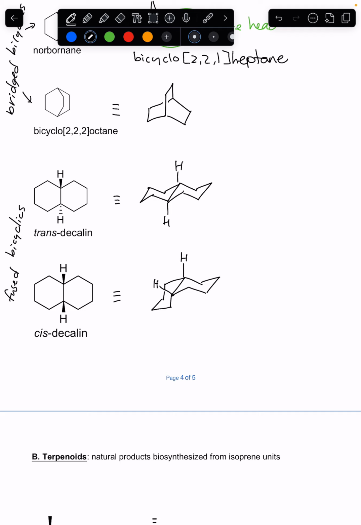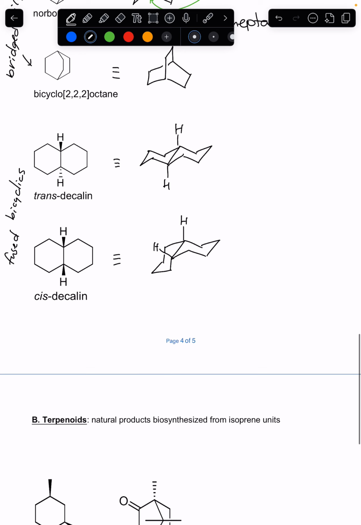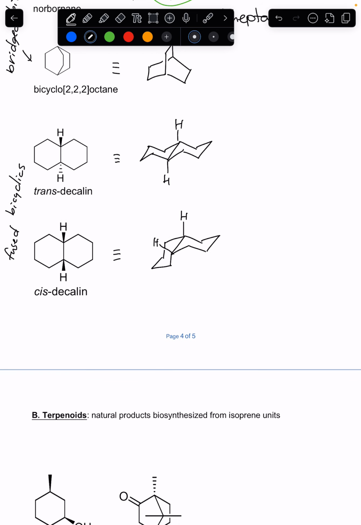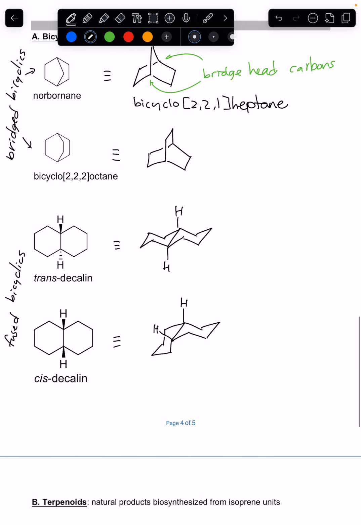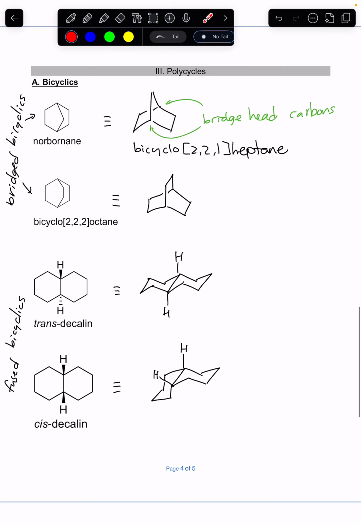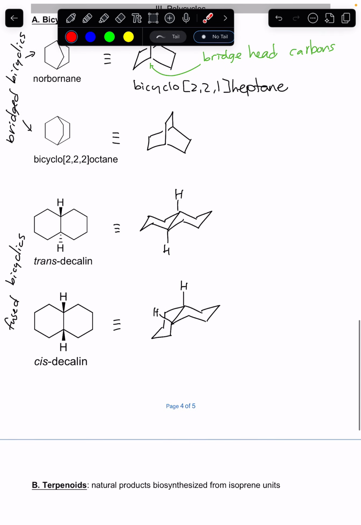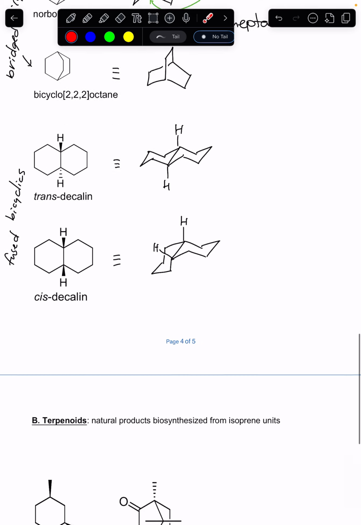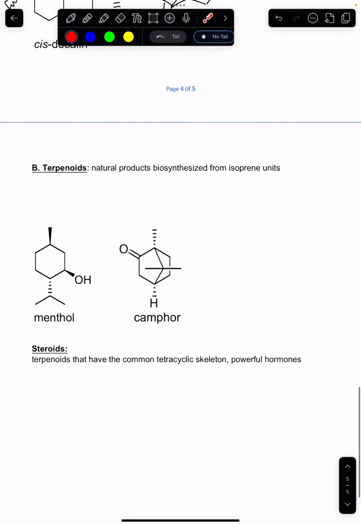Okay, so that's a depiction of cis-decalin. Again, if you make a model of this, I think the structure makes more sense to you. Again, for this section, my main interest is that you can go from one structure to the other and back and forth. You understand that this is the actual 3D structure and can draw them.